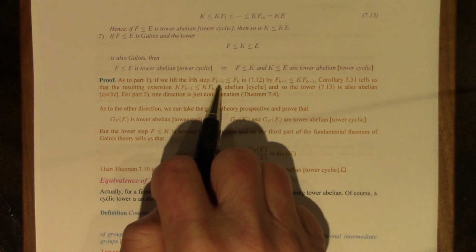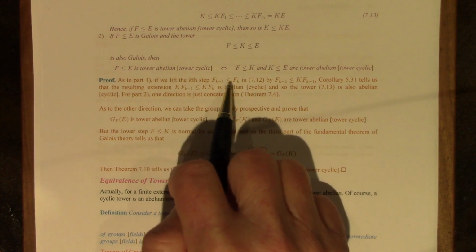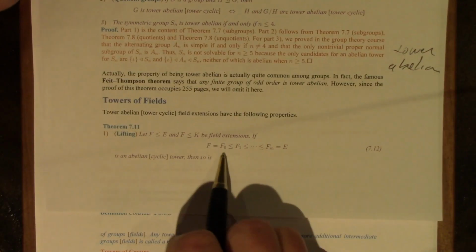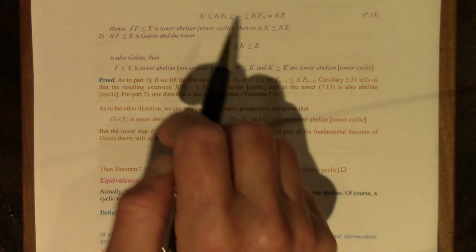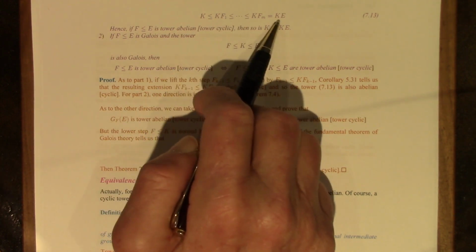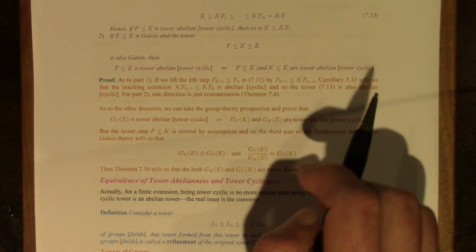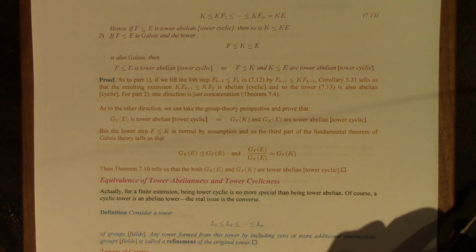So we have Fk-1 here, we better have it here. So what we're doing is lifting each step by a different extension. But it has the result of simply taking the composite of the tower elements with K. So we do this lifting. Corollary 5.31 tells us that the resulting extension, which looks like this, is abelian. And so the tower is abelian.